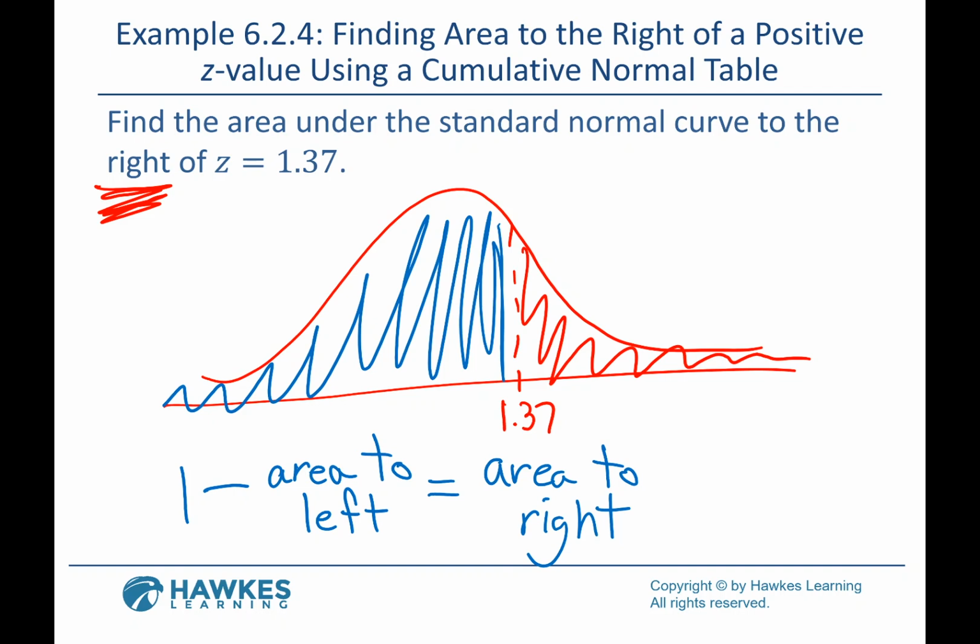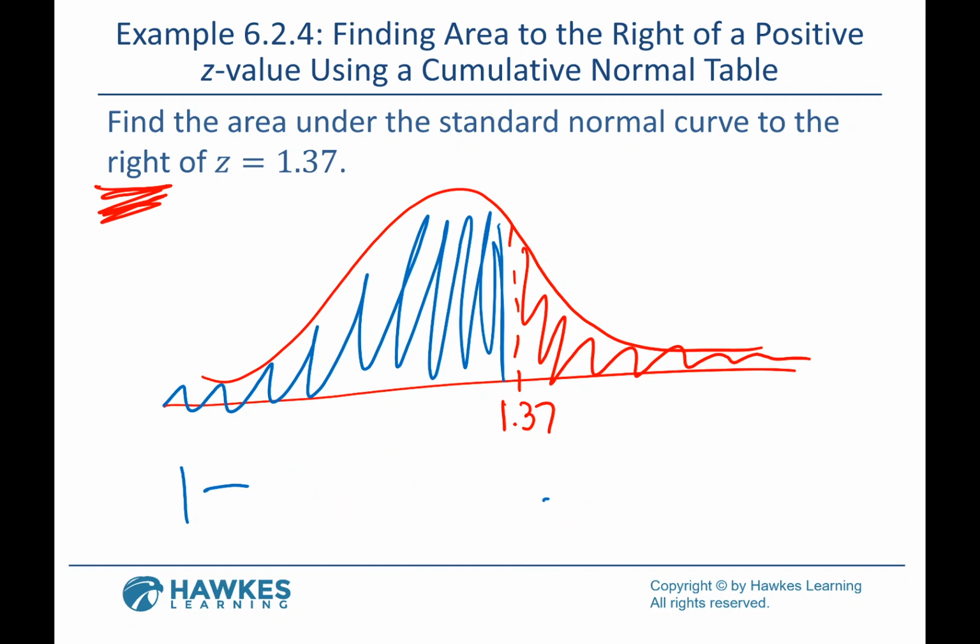Okay, so on this one, if we wanted to do it that way, we would look up 1.37 in the table, and that's going to give us this area, the area over here on the left. So we'll go to our table and look at 1.37.